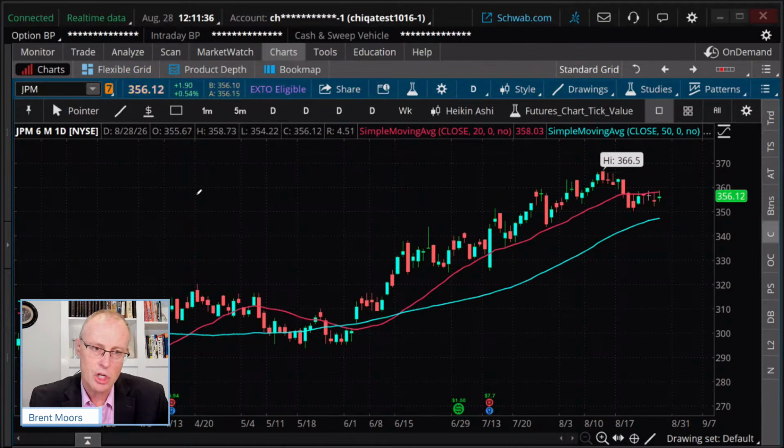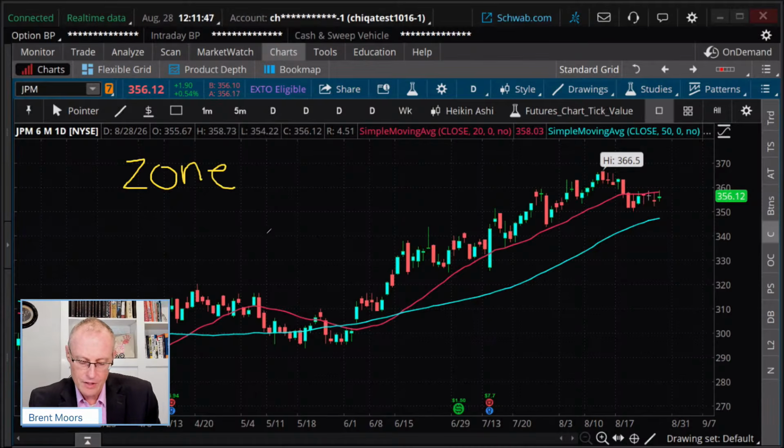But the thing you need to know when you're doing these, the first thing you're looking at is this: what's the zone you think the stock is going to go to? What's that target zone? So for example, if I think, hey, we kind of have support here, and I'm going near term, shorter term, I'm going to say support, resistance, and that the middle here is where my target zone is.